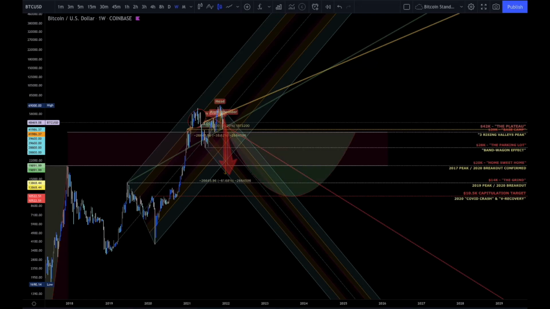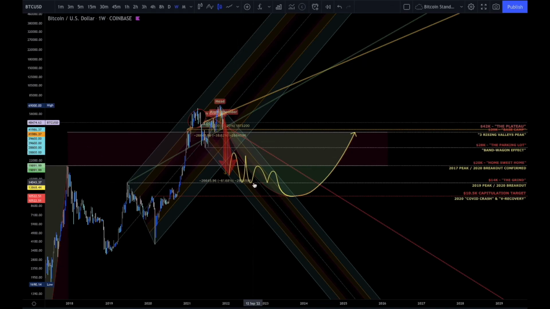That is my long-range projection of what I think could happen. So that takes us all the way out to the summer of 2025 with a full capitulation sometime through the summer of 2023. This is a very bold prediction here, and this is, like I said, nothing for you to make any major financial decisions on.